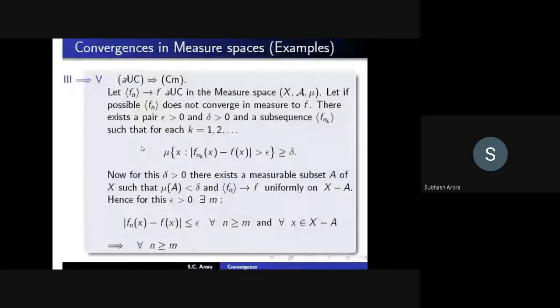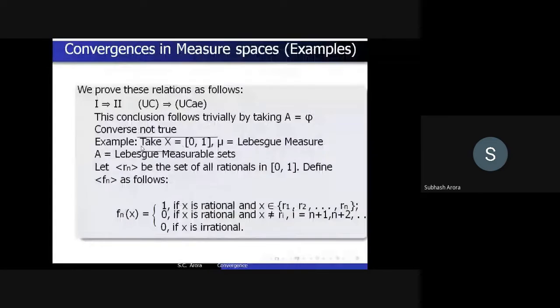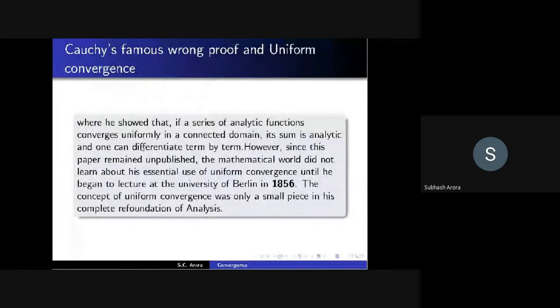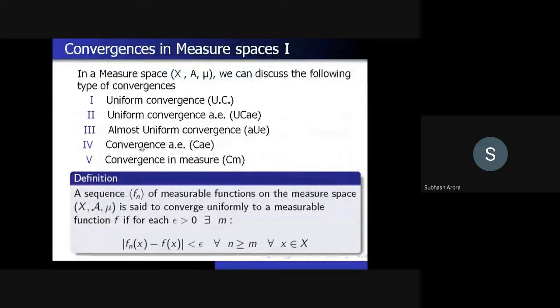Of course, the convergence in normed linear spaces does not end over here. We can talk of weak star convergence, and many more things, because all these convergences lead to topologies on the spaces.